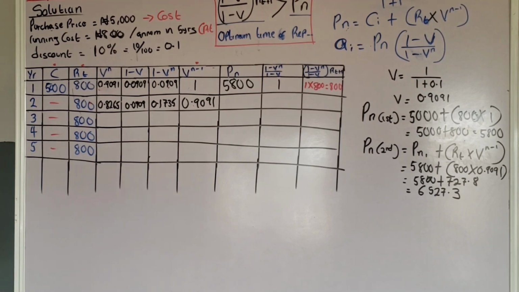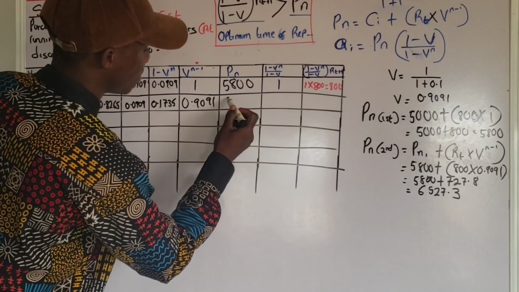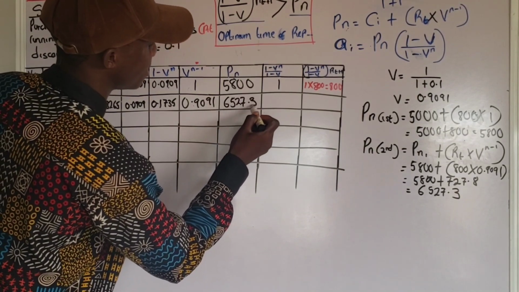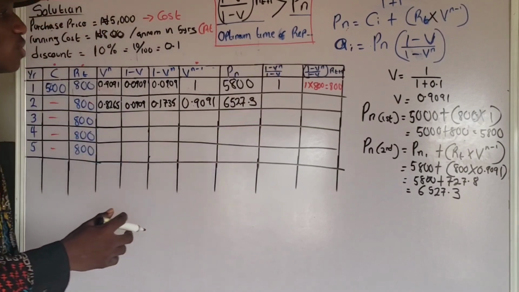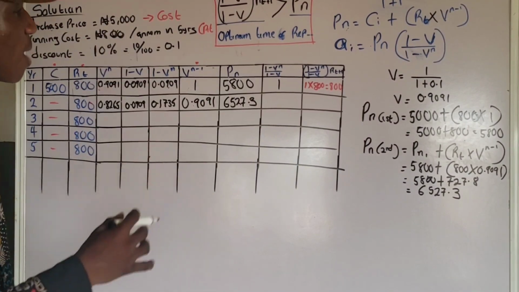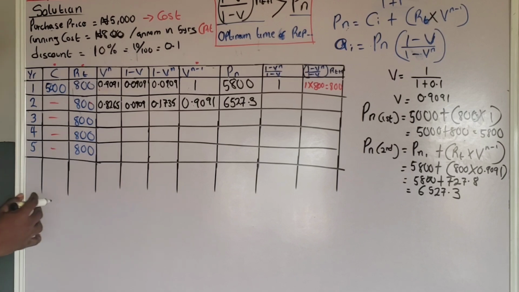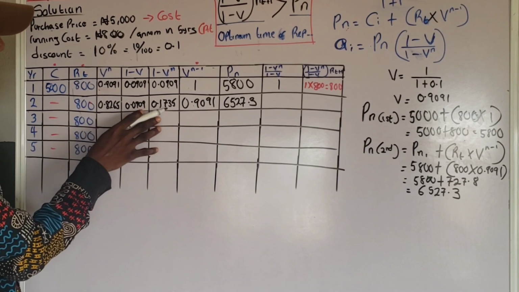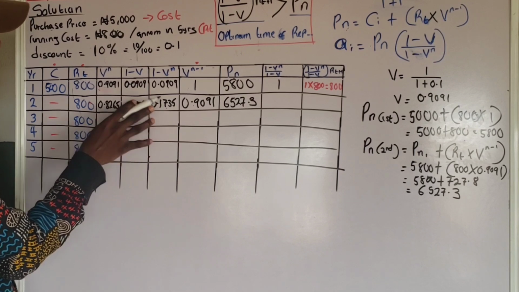Okay, so now let's proceed to the value of these cells. Here we have 1 minus v raised to the power of n all over 1 minus v. Please pay attention. 1 minus v raised to the power of n for year 2 is this, and 1 minus v is this.